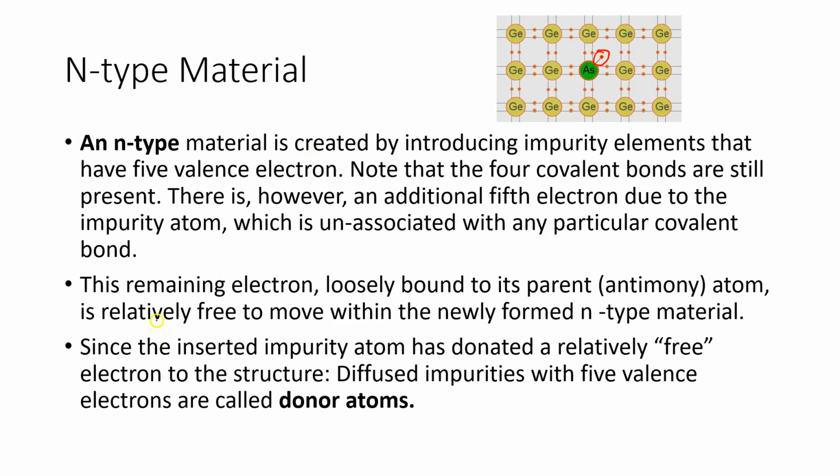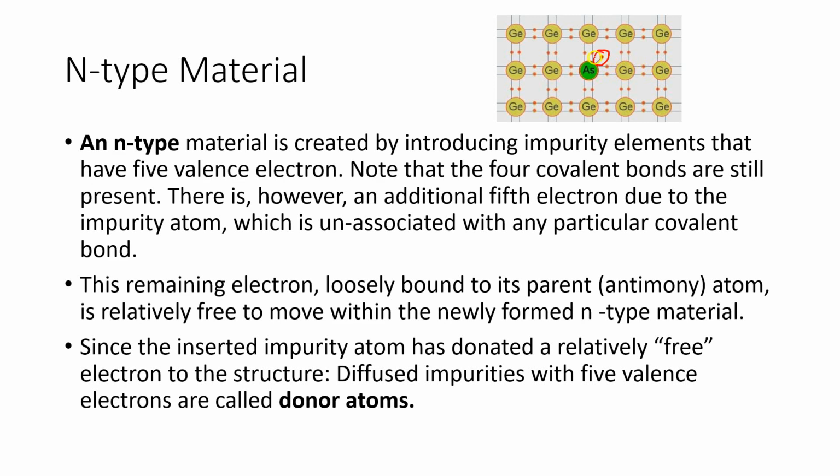Now it says that this remaining electron is loosely bound to its parent atom, and is relatively free to move within the newly formed N-type material. It's not bound to anything, so it can freely move about, and we know that electricity needs free electrons to flow.